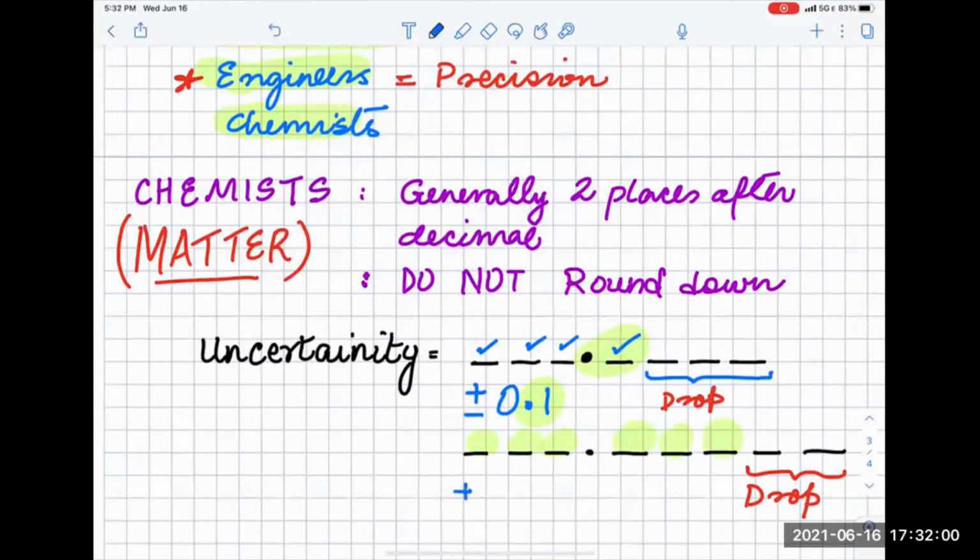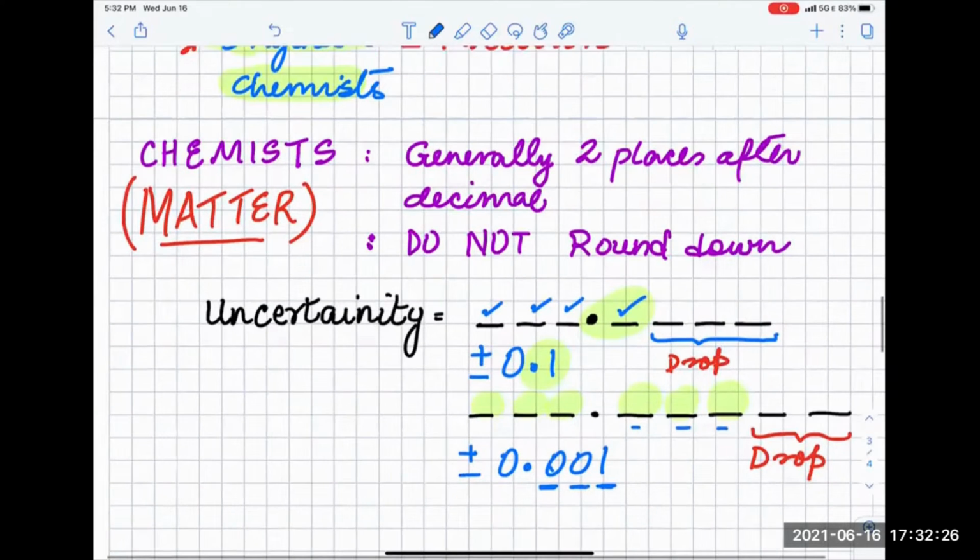The uncertainty would be plus or minus 0 point, so 3 places, 1, 2, 3: 0, 0, and 1. So the uncertainty is in the last number. It could be 0.001, it could be 0.002, or it could be less than that also. So that's what it means.